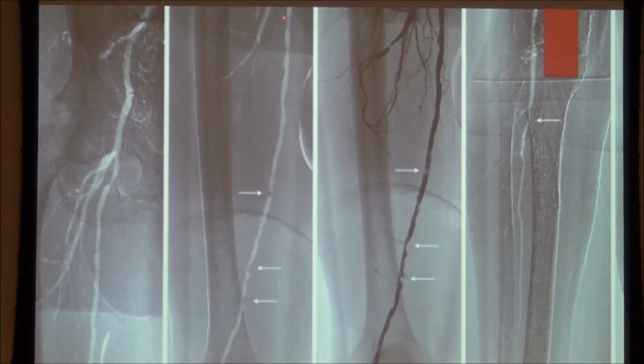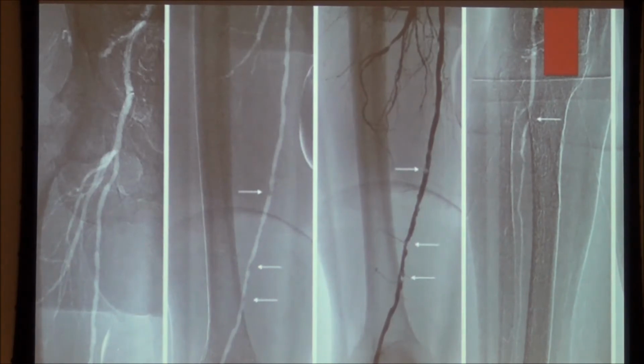And they have done the CO2 angiogram by injecting CO2 gas into the artery, and it will show the same areas of narrowing, which is a very good tool in patients with renal failure. This is another CO2 angiogram.